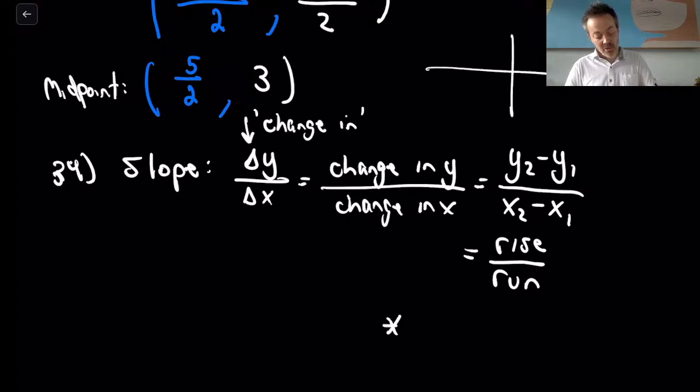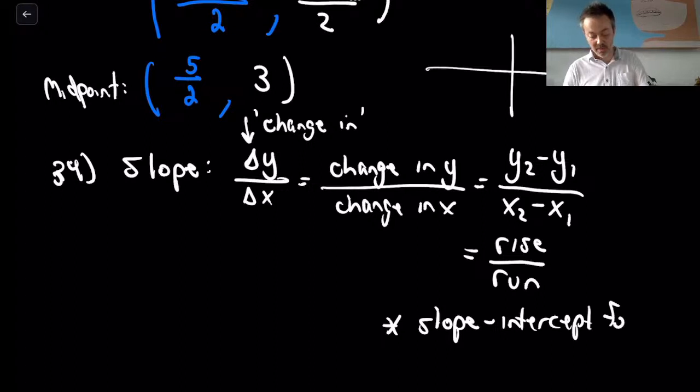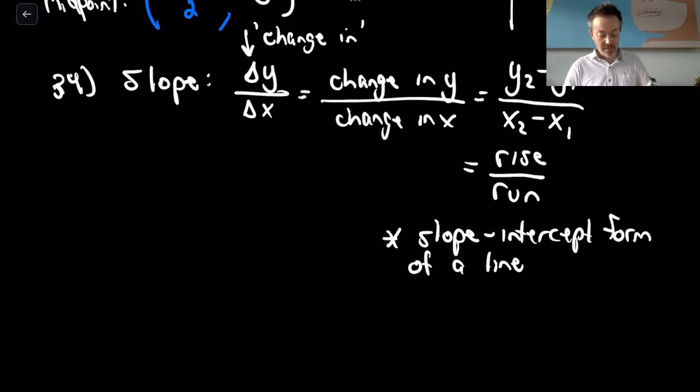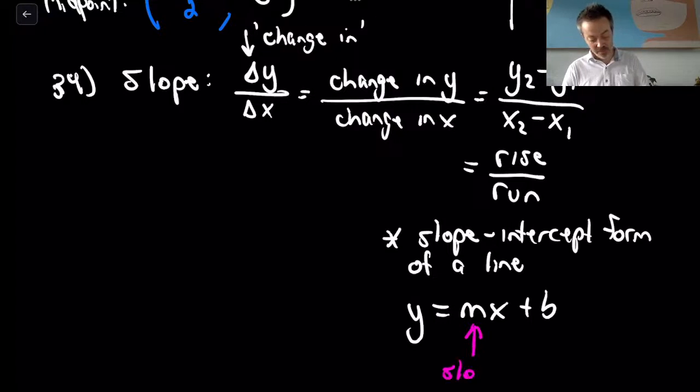You may remember, let's do slope-intercept formula first. We'll talk about point-slope form too. Slope-intercept form of a line, because we'll talk about that in just a second anyway, is going to be y equals mx plus b. Recall that m is the slope.